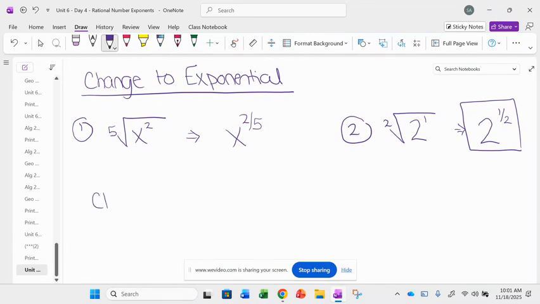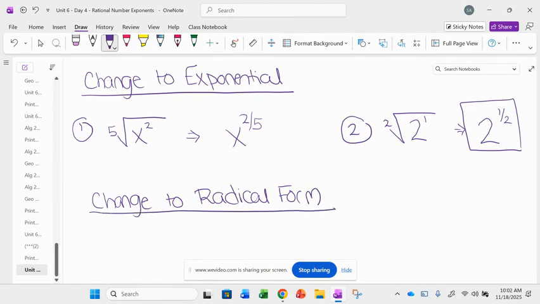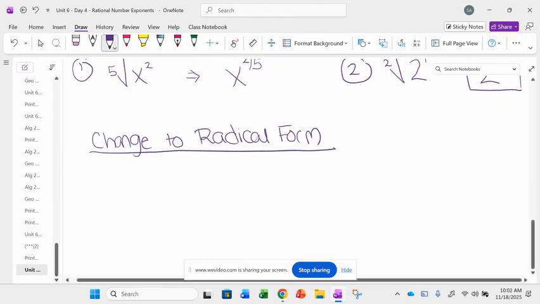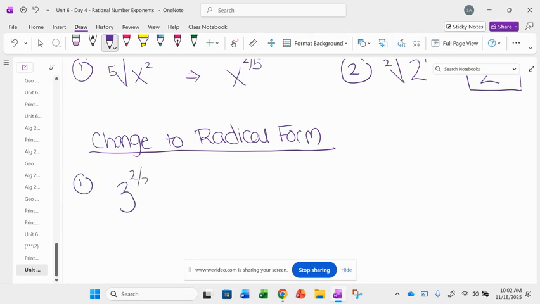Okay, now I want us to change to radical form. So if I have 3 raised to the 2/3 power. All right, so what does the denominator represent of the exponent?